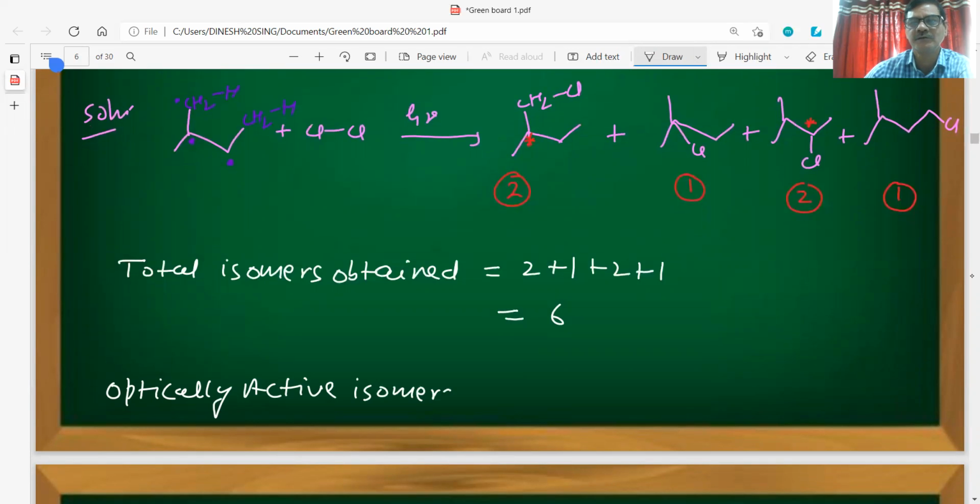These two, due to the chiral center, will exist as a pair of enantiomers. These two will also be a pair of enantiomers. So total optically active isomers will be 2 plus 2, that is 4 isomers.